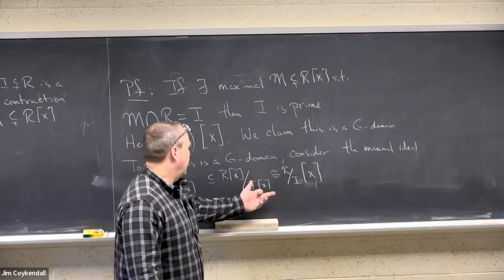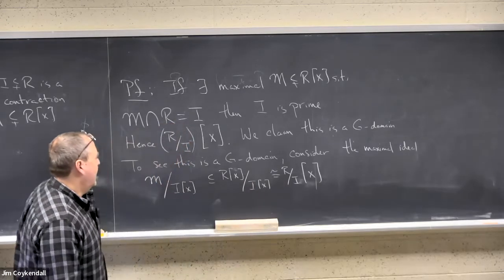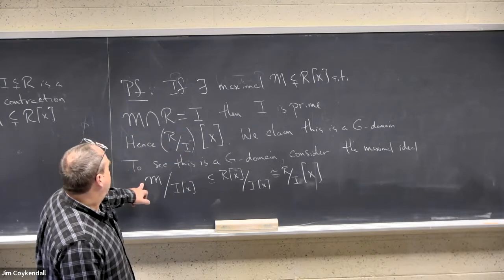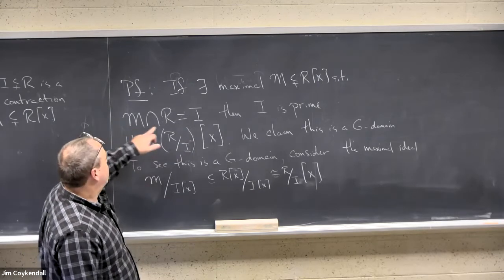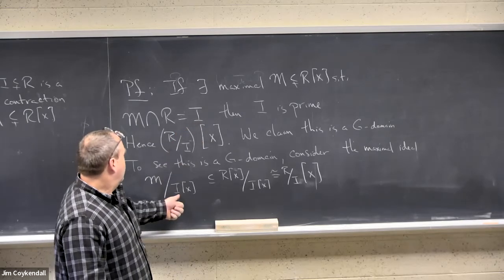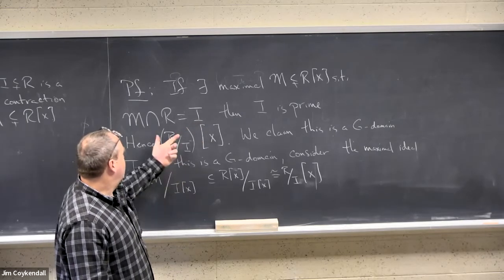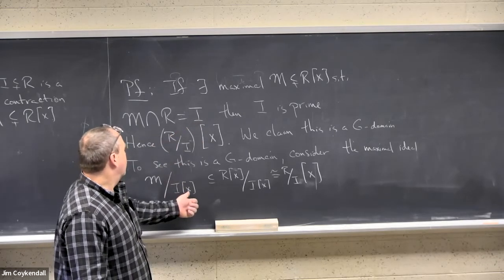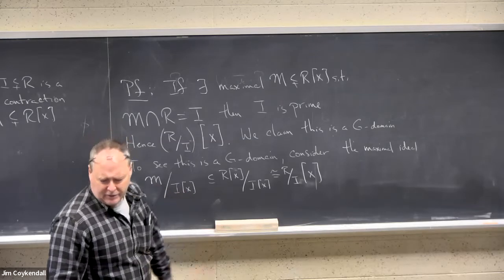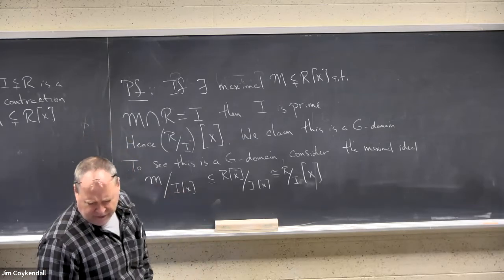This is one of our fundamental polynomial isomorphism identities. Consider this maximal ideal M. Notice that M contains I by the fact that it contracts down there. And so when you lift I up into R[x], you get I[x], and M certainly contains I[x]. So that makes sense here.